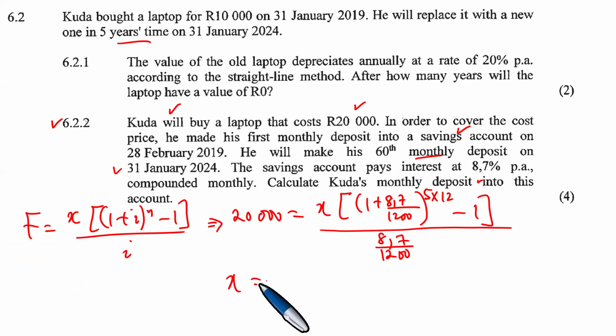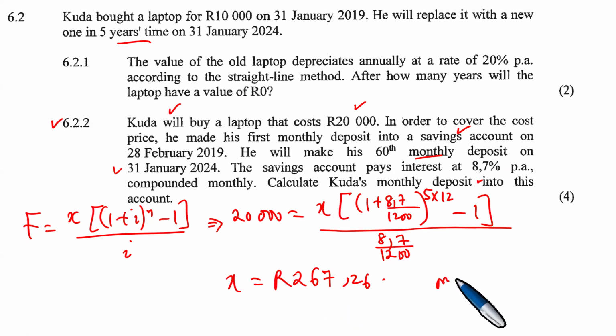In the end, you cross multiply: this one times this, and you divide everything. If you do that using a calculator, it becomes exactly 267 rand and 26 cents. So at this point, you were able to see that Kuda's monthly deposit into his savings account is going to be 267 rand and 26 cents.